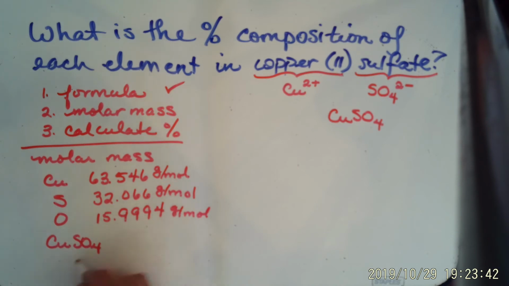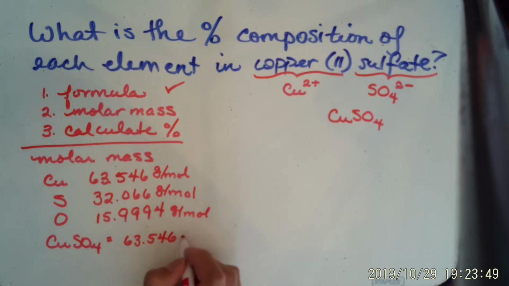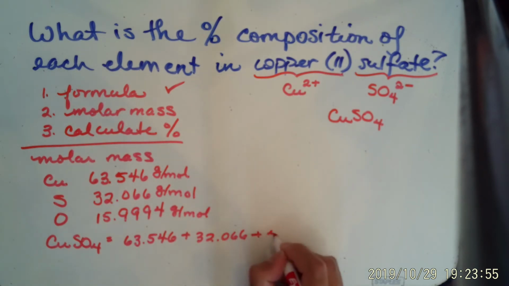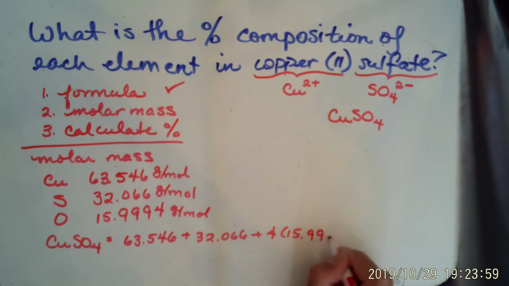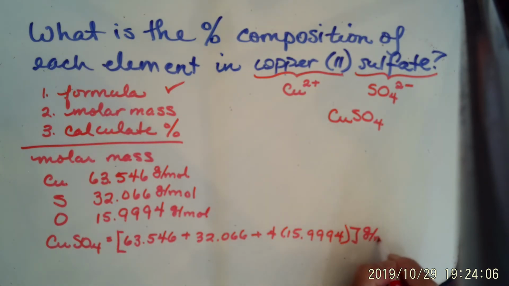And now, what about the copper II sulfate? That's going to be equal to 63.546 plus 32.066 plus 4 times 15.9994. And my units for all of this will end up being grams per mole.